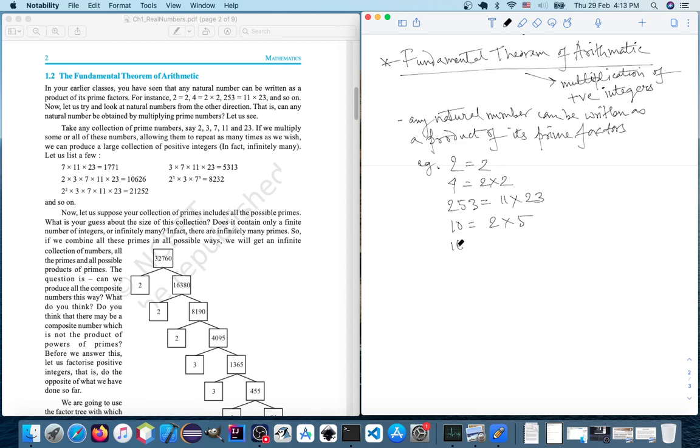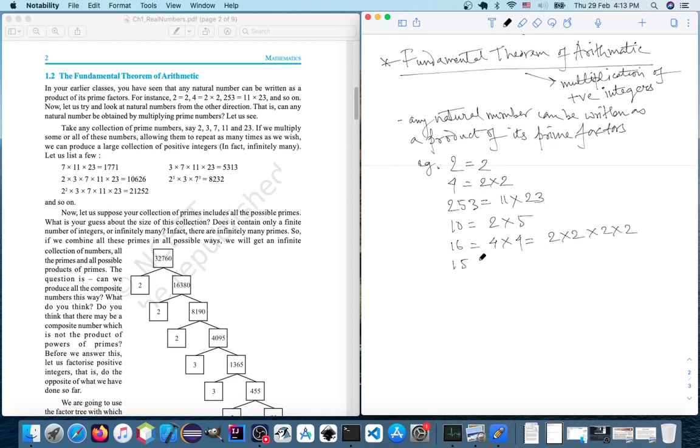Let's say 16. How can we factorize 16? We know that 16 is 4 into 4. This can be written as 2 into 2 and 2 into 2. So we have 4 factors where each factor is 2, and 2 is a prime number.